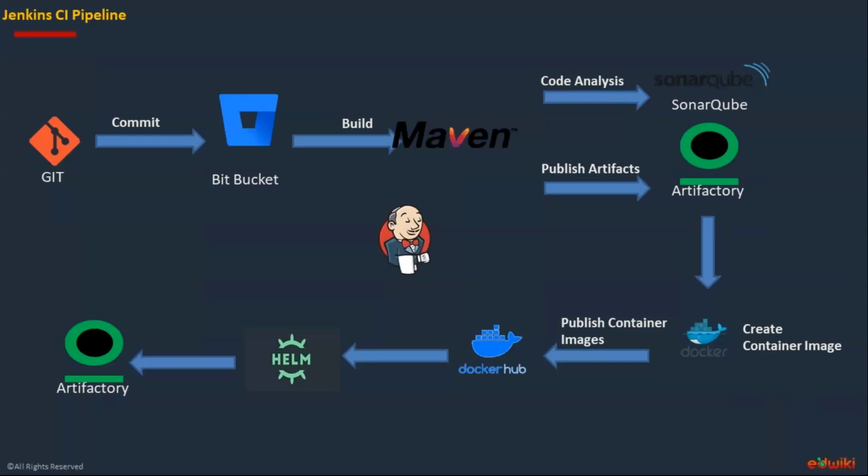When there is a change in the source code, what are you looking for here? I just need the latest Helm chart based on the latest Docker image, based on the latest artifact in the Artifactory, based on the latest source code, correct? I'm just coming in the reverse way.